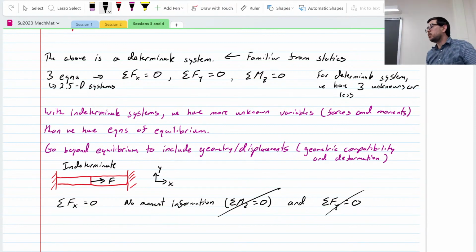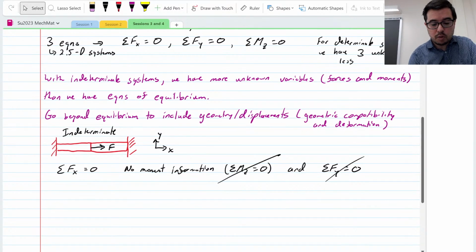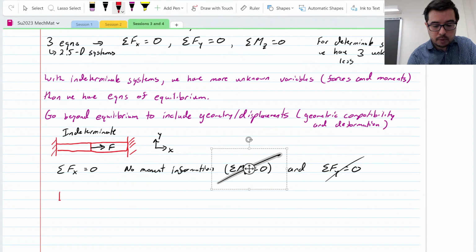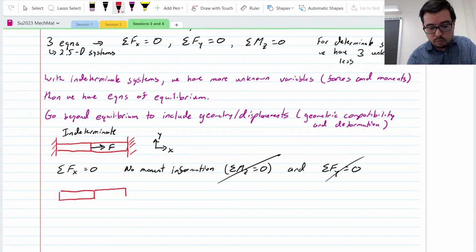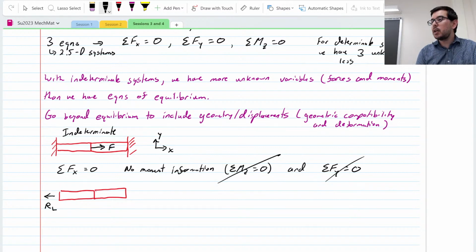What are the unknowns here? Yes, Michael? The reaction forces. Right, we don't know the reaction forces at the walls. Sometimes what I'll do is write a reaction force RL because it's at the left side. You don't have to write it this way.